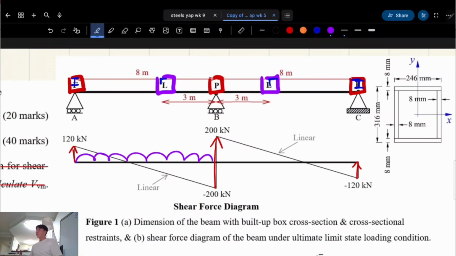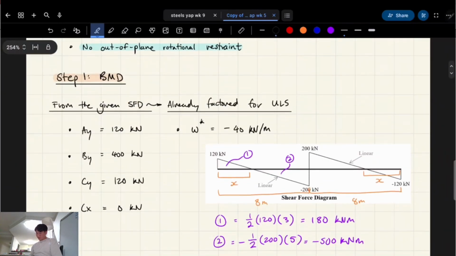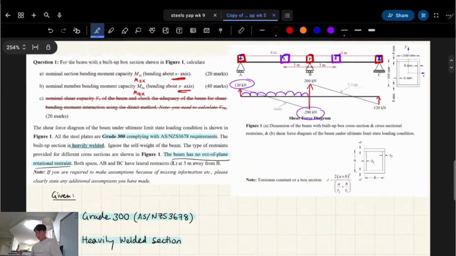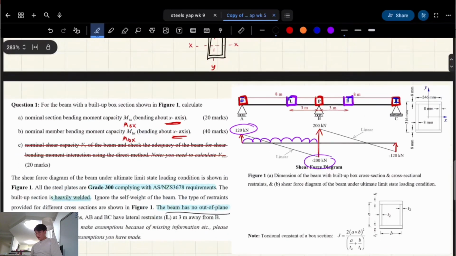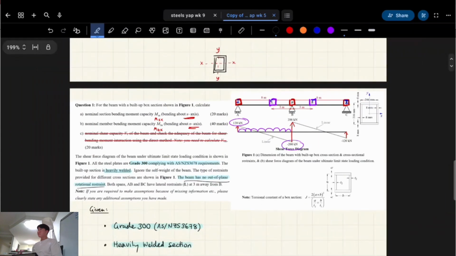So you take the difference in the force at that point, divide by the length, and you can find the distributed load. You just know it's zero moment at the edge, because they're pin supports. There are only two scenarios where it won't be zero moment at the edges: a fixed support, or if you have point moments again.